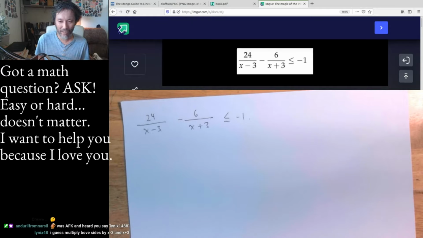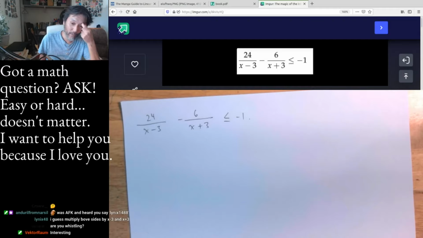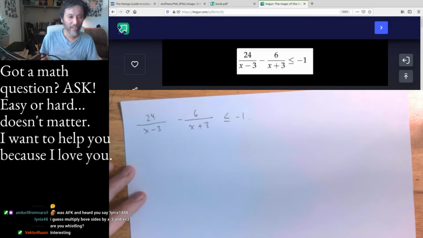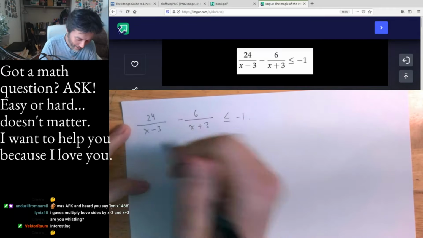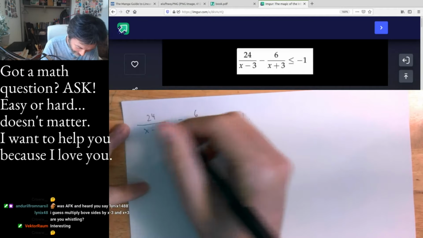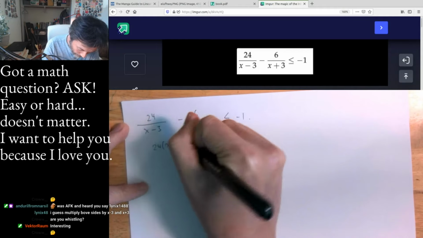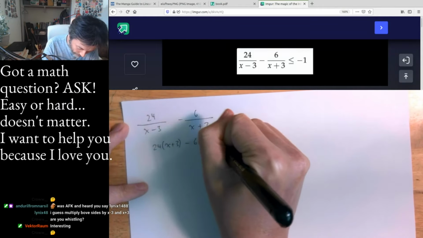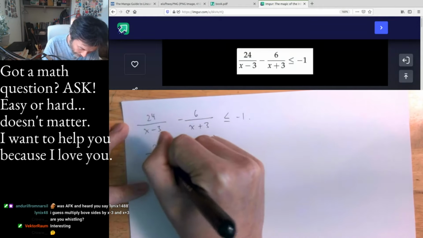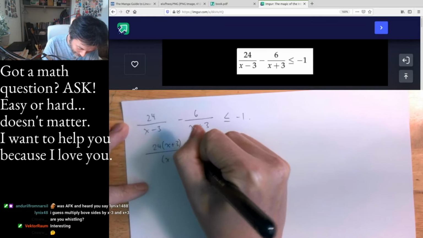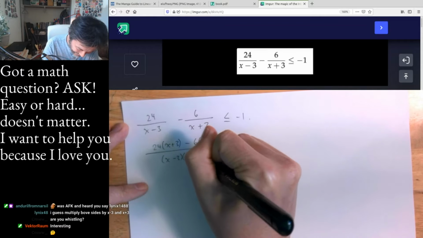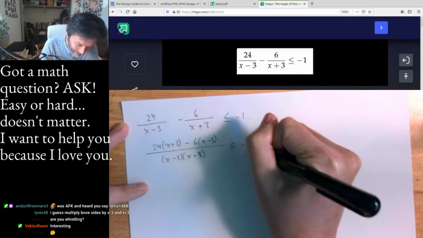Yeah, multiply both sides by x minus 3 and x plus 3, exactly. 24 times x plus 3 minus 6 times x minus 3, divided by x minus 3 times x plus 3, is less than or equal to negative 1.